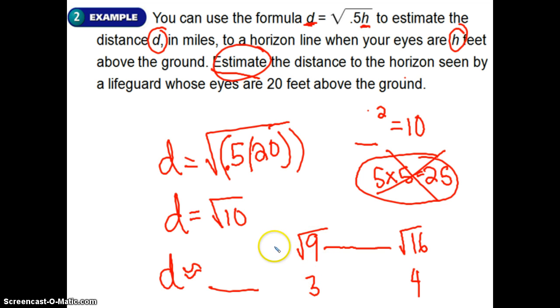I would say that the square root of 10 is closer to the square root of 9, so the distance equals about 3, because the square root of 10 is really close to the square root of 9. Now, do I just write 3? Well, we're talking about the distance in miles. So how far is this person away? 3 miles.